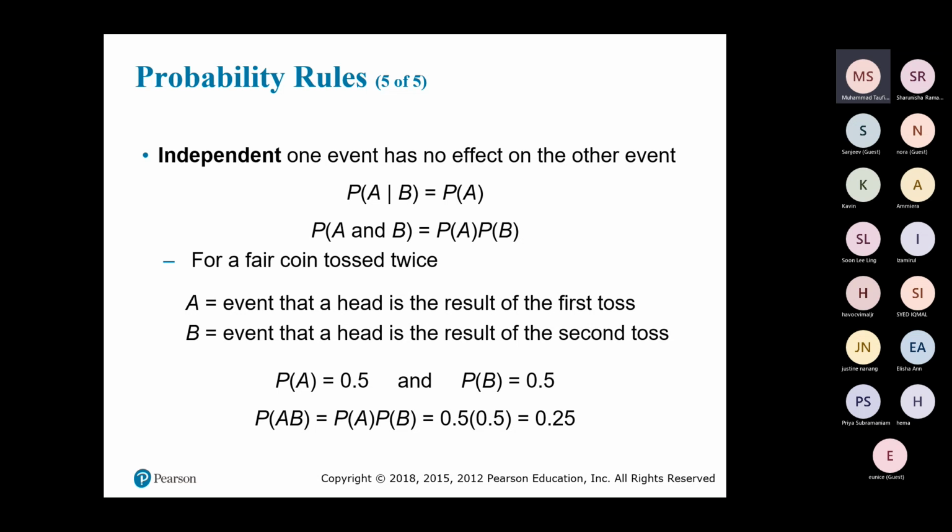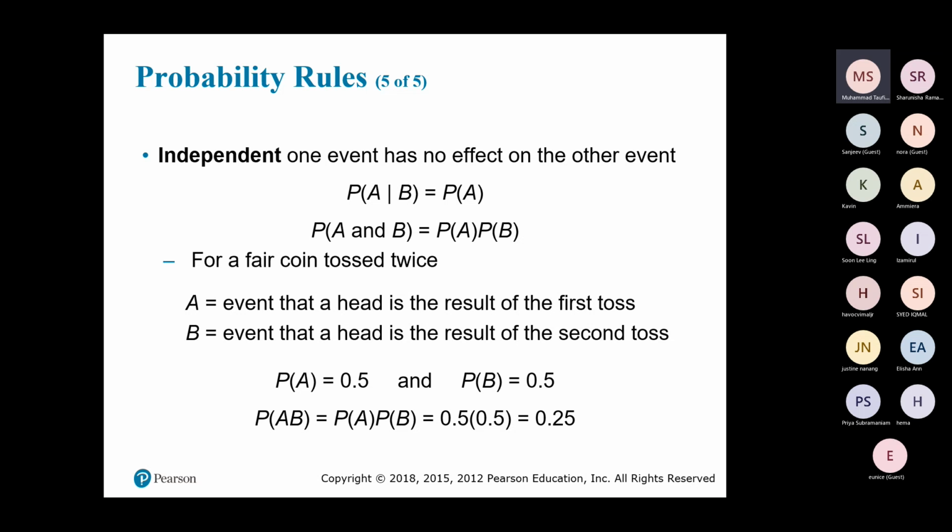So what is independent event? Independent event is event that will not affect another event. For example, when you toss a coin, the first toss will not affect the second toss. The result for the first toss and the result on the second toss is independent, which means that it will not affect the other result.